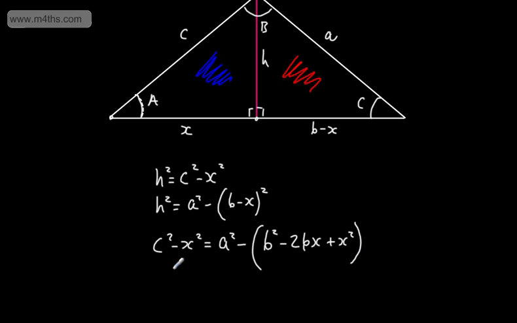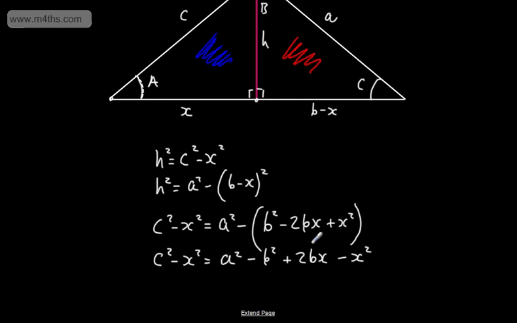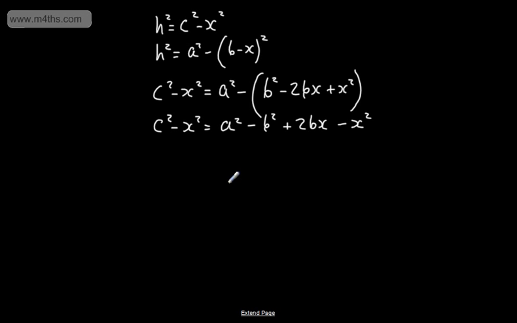So just tidying this up, we've got c squared minus x squared is equal to a squared minus b squared, plus 2bx, and then minus x squared. We can see that these x squareds are going to cancel, and I can write this now as c squared is equal to a squared minus b squared plus 2bx.